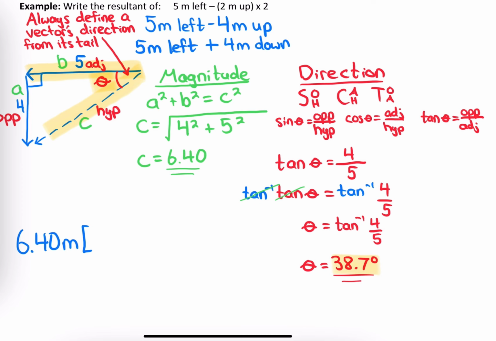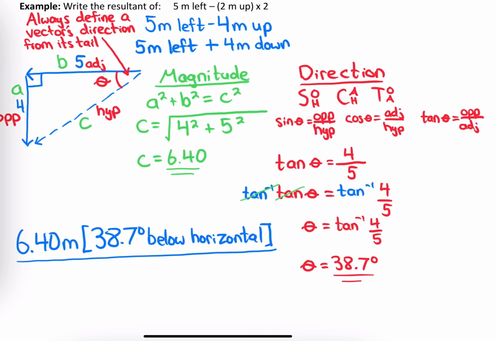And it shows my vector being below the horizontal line by exactly that many degrees. So my vector is 38.7 degrees below horizontal. And that is our final answer.